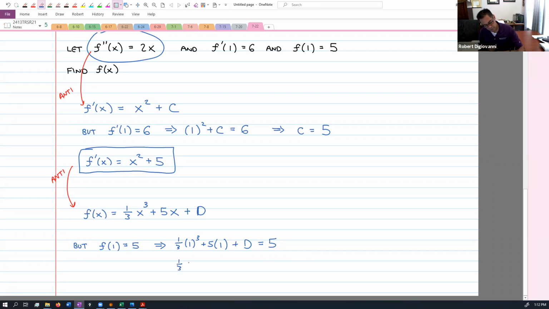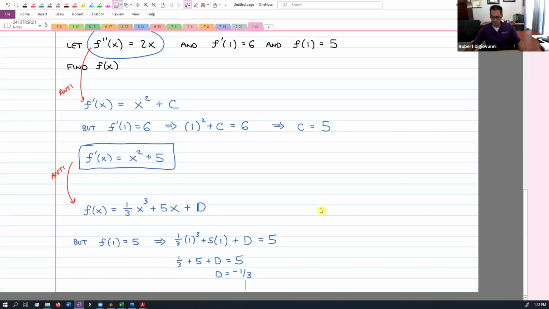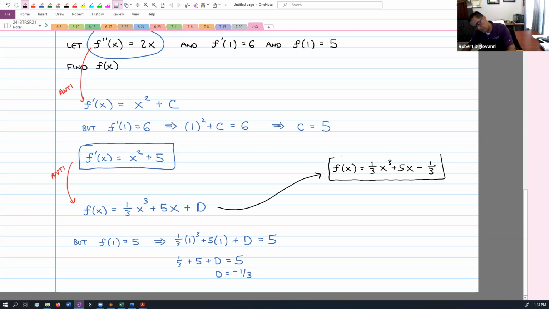This is 1/3 plus 5 plus D equals 5. And you can subtract the 5 and subtract the 1/3. You should get D is negative 1/3. And now we know what this is. F of x equals 1/3 x cubed plus 5x minus 1/3. There you go.